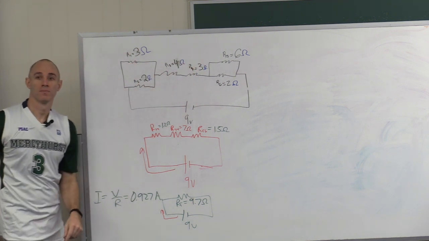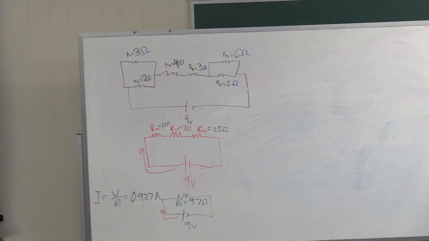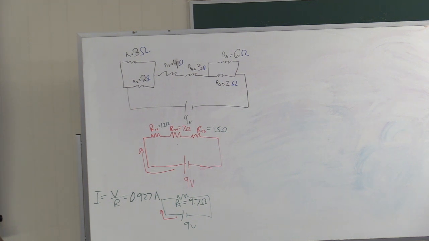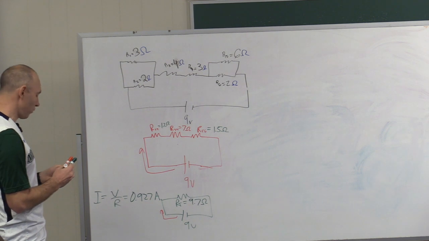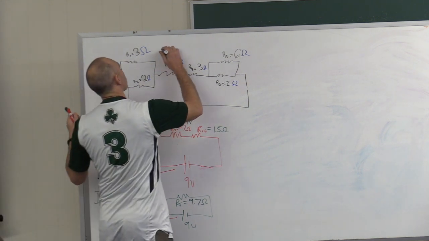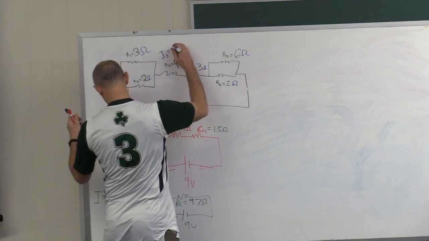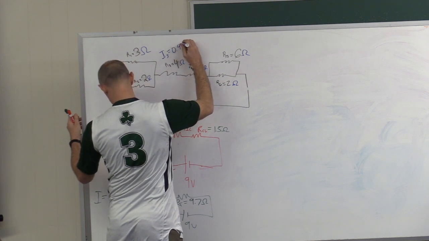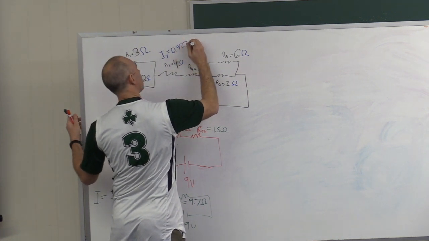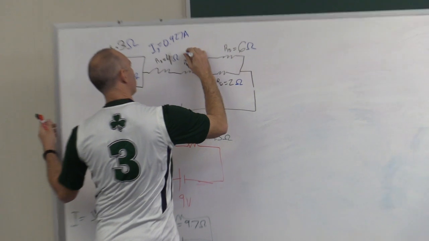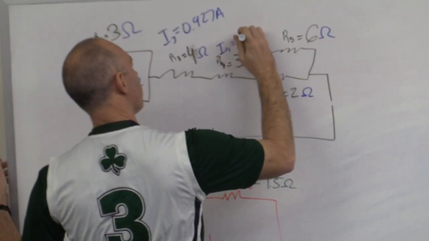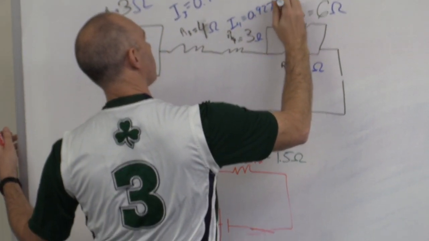That's the junction rule. Whatever current goes in is the same as the current going out. So I know the current through 3, and I know the current through 4. I3 is equal to 0.927, and R4 has I4 of 0.927 amps.